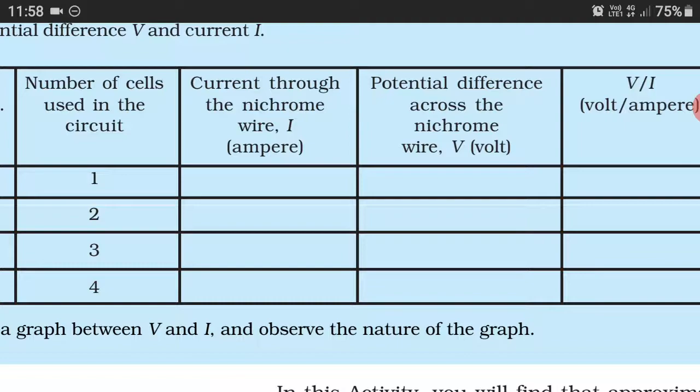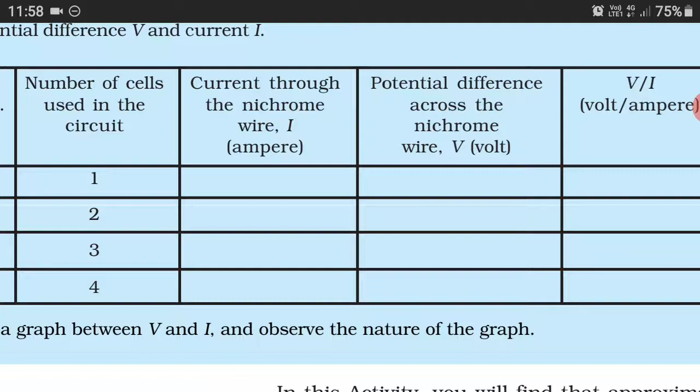Vice versa, he also tried reducing the number of cells one by one, 4, 3, 2 and then 1. He noticed that the value of current also decreased. So from this, he concluded that potential difference is directly proportional to the current.